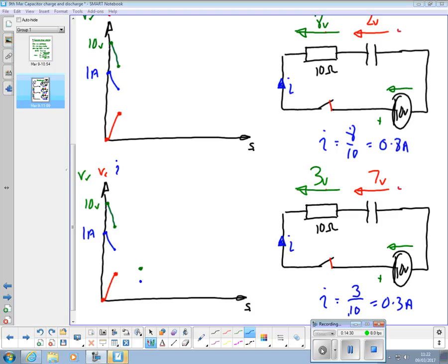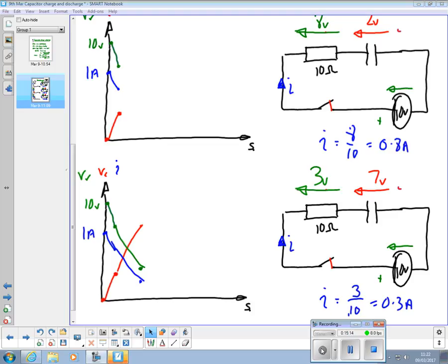Let's make that down there somewhere. And our capacitor voltage has risen to 7 volts. Okay, see, getting what's going on here.